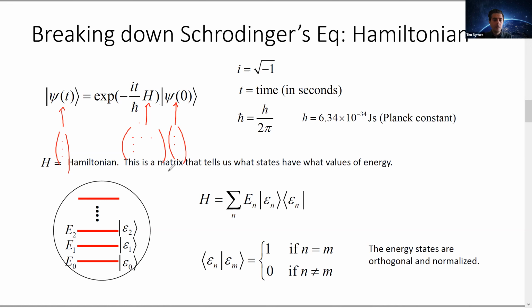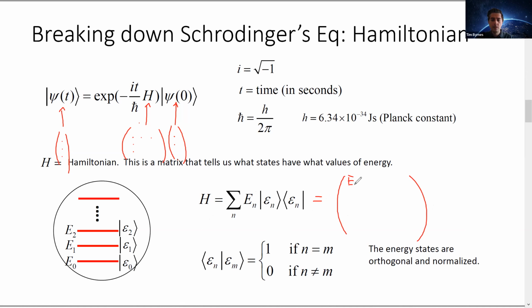Okay? So this Hamiltonian has this definition here, and basically it's a matrix. If we write this in matrix form, it would look like this.